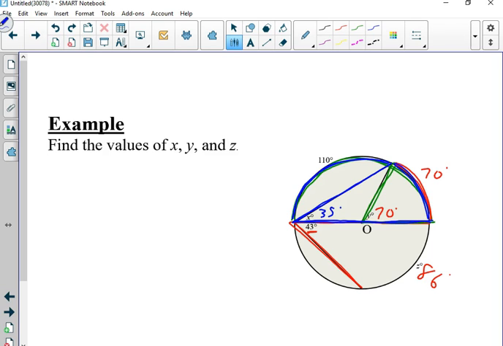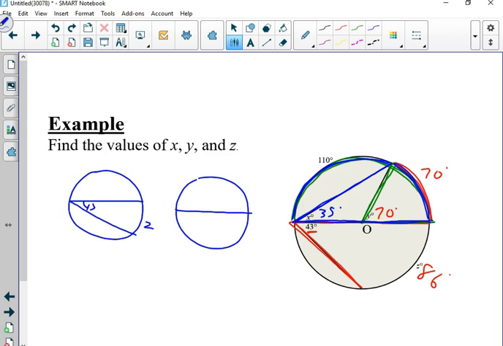So like I said, on a problem like this, if it helps you, if you're trying to find z, put the 43 here and solve for z. And if you need to, once you find that this was 70, it's not a big deal to separate them out so you can see them better. Everybody has their own skills. Sometimes it can be confusing when it's overlapping. Do what is best for you.